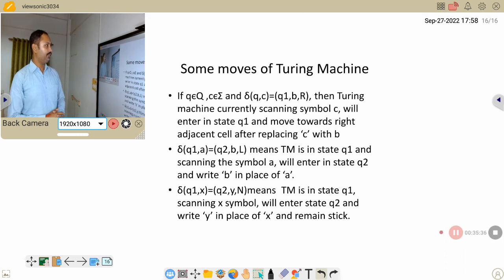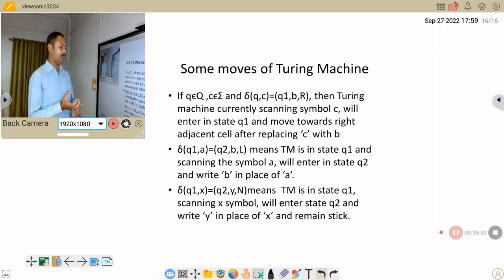So these are some movements of Turing machine. There are basically 4 movements which are performed by Turing machine. First of all, it can scan the input symbol. After scanning, it will write a particular symbol onto the tape.